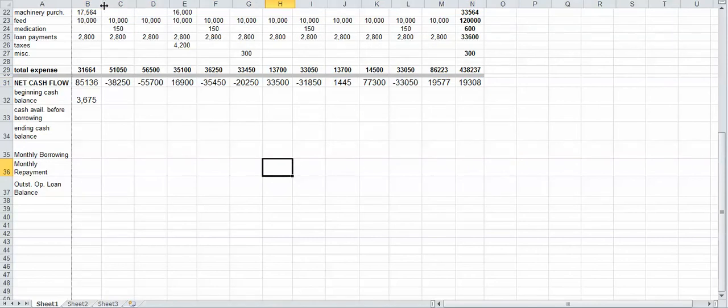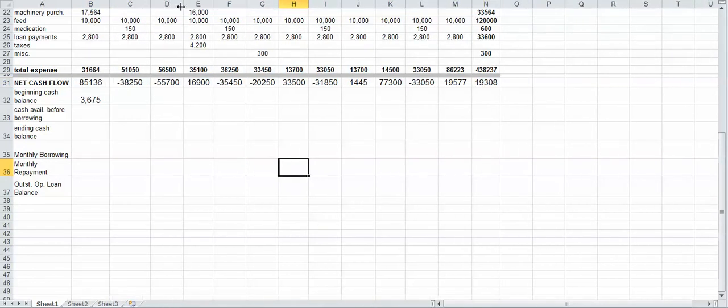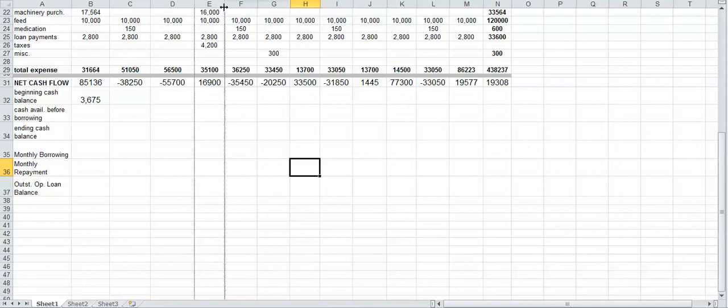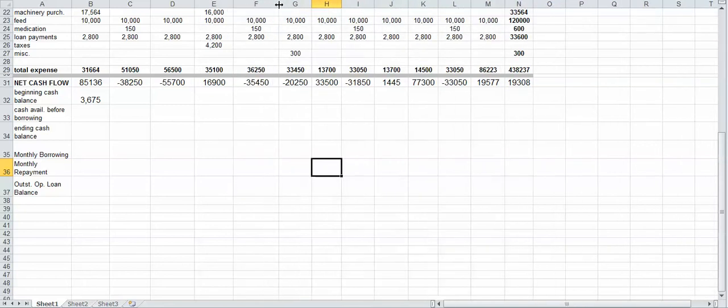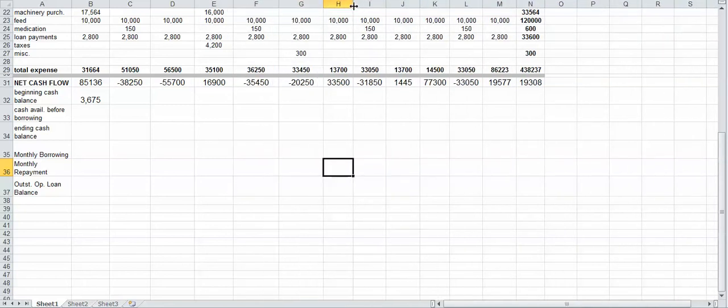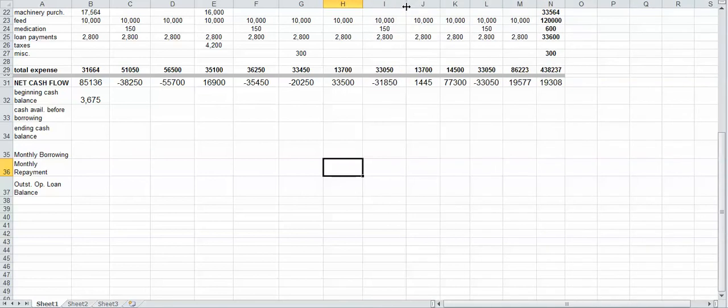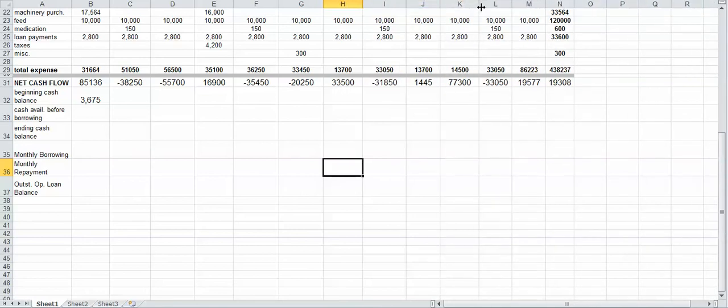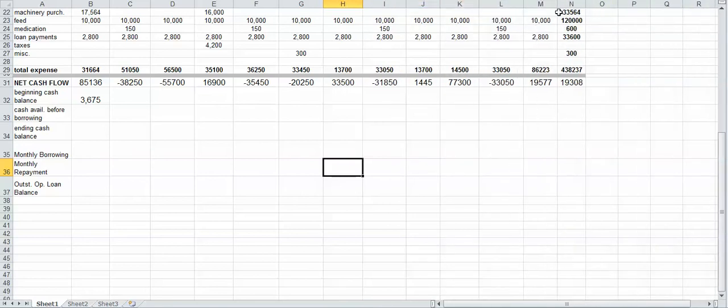And the reason we use a cash flow summary is to develop a cash flow projection for the upcoming year. When we develop this cash flow summary, we can determine when we need to borrow money and when we can pay the money back.